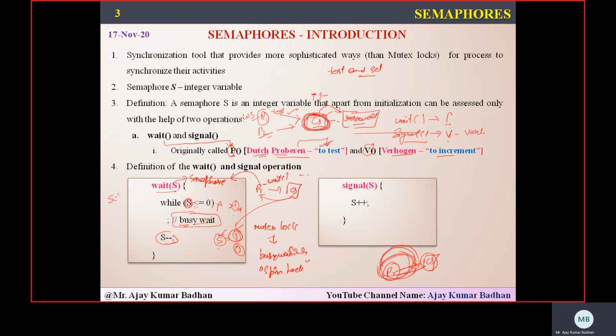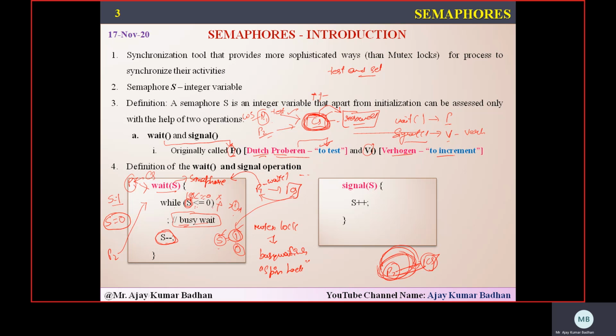Suppose initially S is equal to 1, no one has tried to access it. P1 executed the wait operation. What is the value of S? 1. So 1 is less than or equal to 0, condition failed. So we allocate that critical section to this process P1. Then P1 will do S minus minus. Now what is the value of S? 0. Now another process P2 came and executed wait. But the value of S right now is 0.